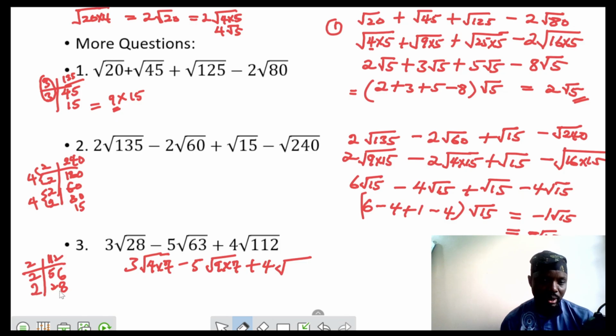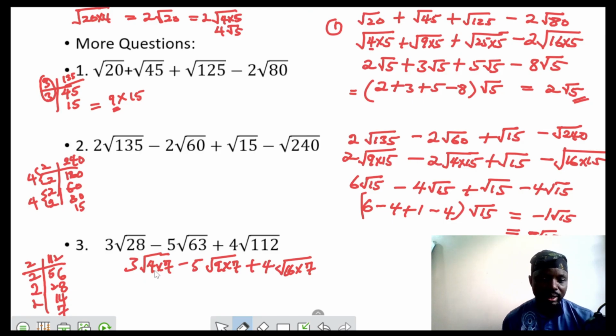Then 2 can go again. 2 in 28 is 14. Then 2 again, that's 7. So I have 2 times 2 is 4, times 2 is 8, times 2 is 16. So this one gives me 16 times 7. That's how we get the factor. If you don't know what to do, you can't be guessing, you have to find a way.